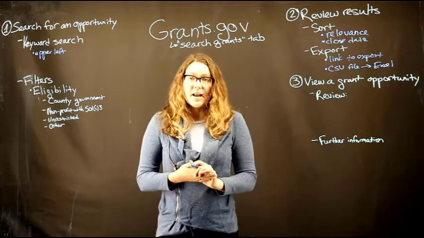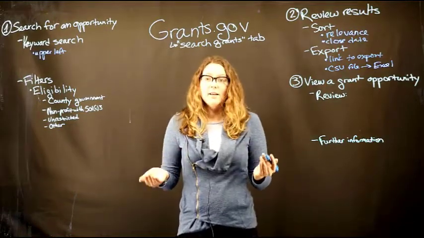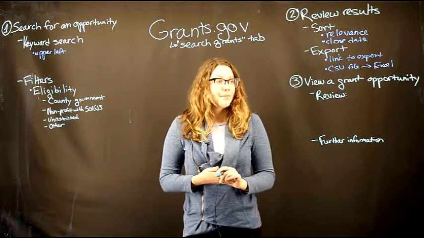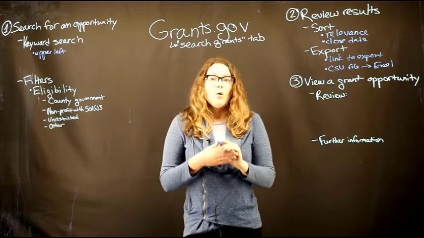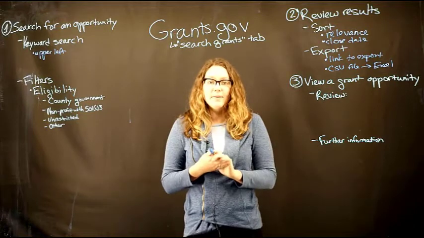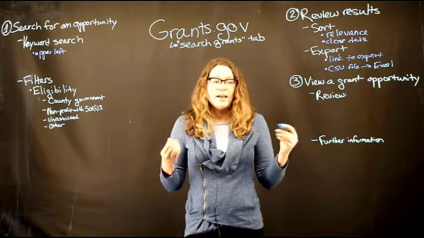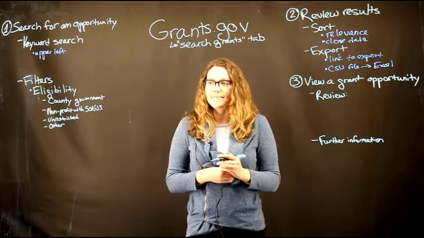Next, once you see a grant opportunity in that list of results that looks particularly applicable to you, you can click on that title and view the specific grant opportunity. Once you do that, it'll take you to a new screen with more information about that funding opportunity. You can review a few things about that grant to see if it still really is something that you're interested in.